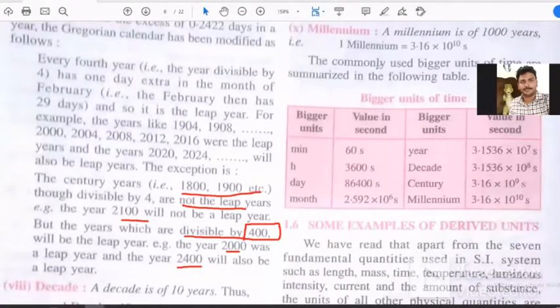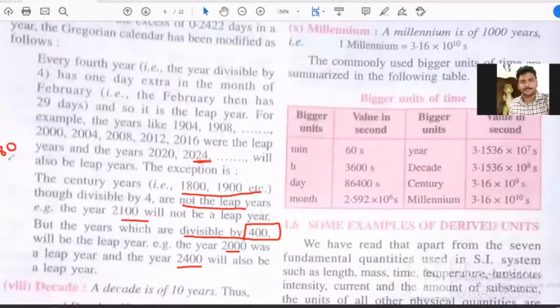Why? You can see, you just go on adding 4. So the last number here, 2024. Now just continue to add. So I think 2080. This will be a leap year.